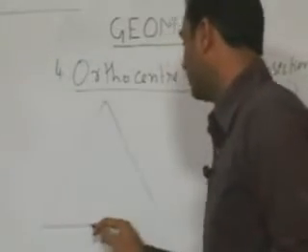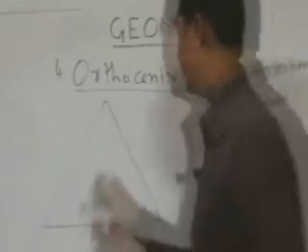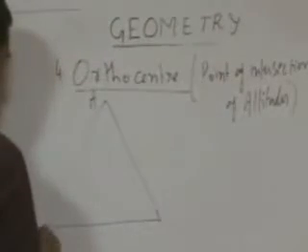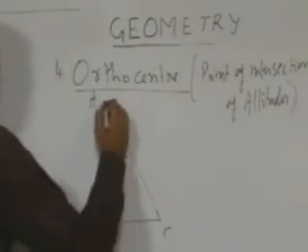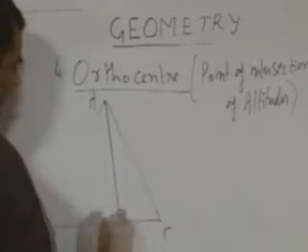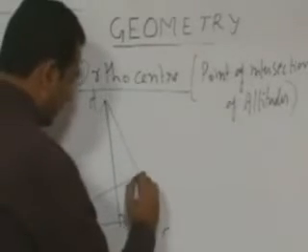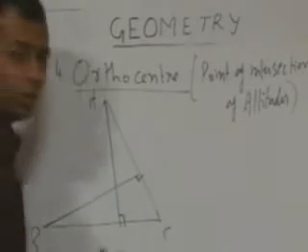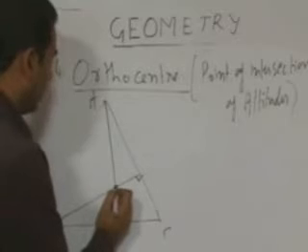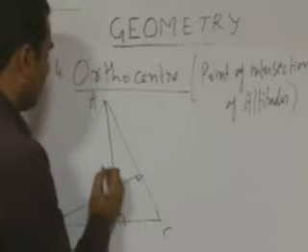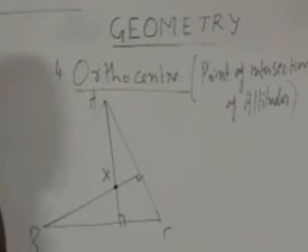For example, if this is a triangle ABC, if I draw a height from here, this angle is 90 degrees, this angle is 90 degrees, and this is known as my orthocenter. Let's say for a moment I denote this by A.